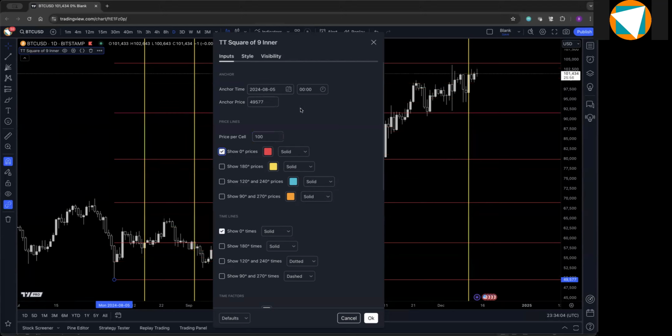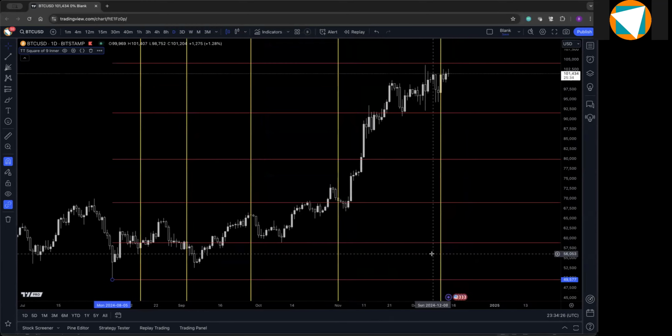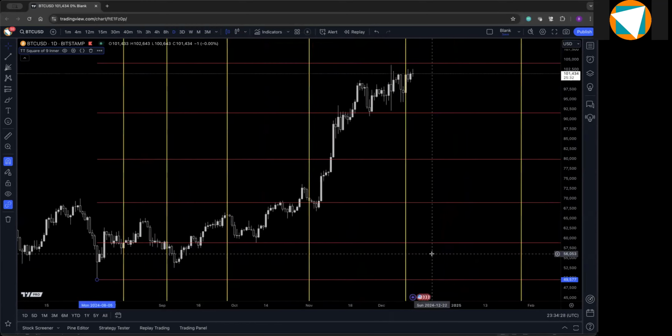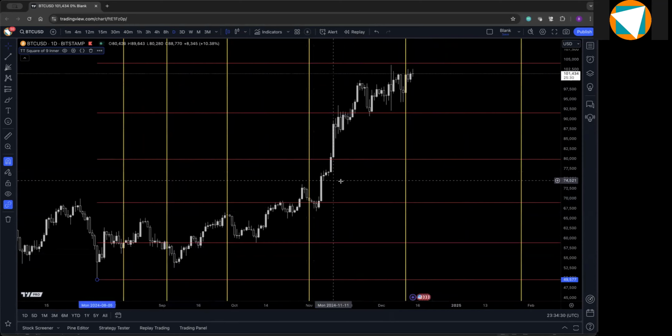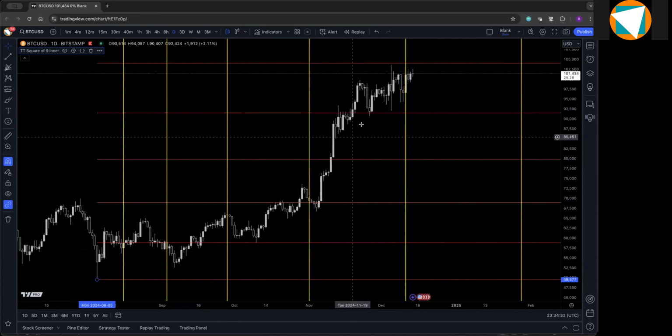And my recommendation basically is to take the price of the security, divide by the price per cell, and the result should have anywhere from 3 to 4 digits in it. Okay. So by taking about 100,000 divided by 100, we get 1,000, and that has 4 digits in it. So we should be good in terms of scaling here. So we can take a look at this and see how this fits.